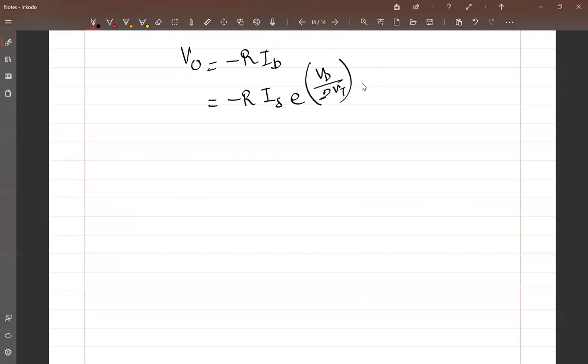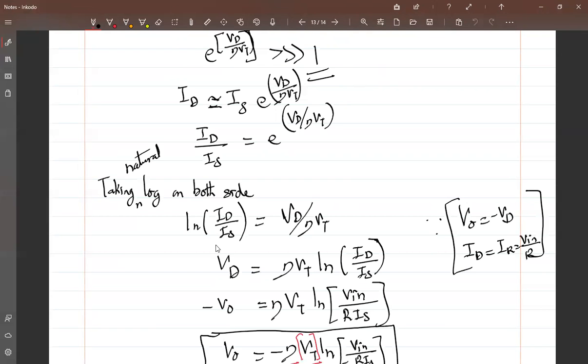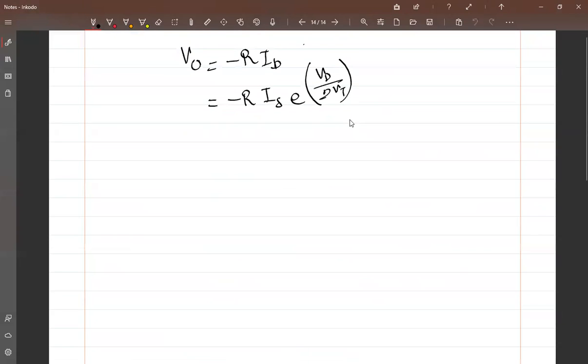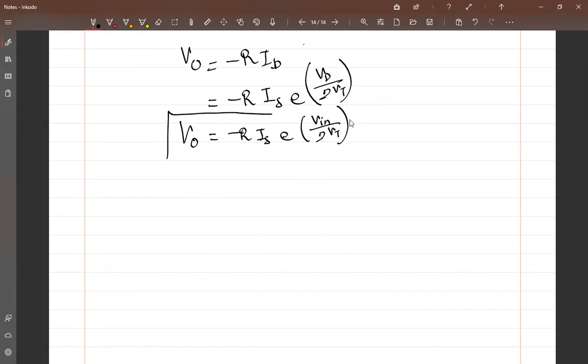We know from the previous consideration that V in is equal to VD, so VD can be represented as V in. The equation can be rewritten as minus R into IS into e power V in divided by eta VT. So this is the output voltage equation to find the anti-log value for the corresponding input signal.